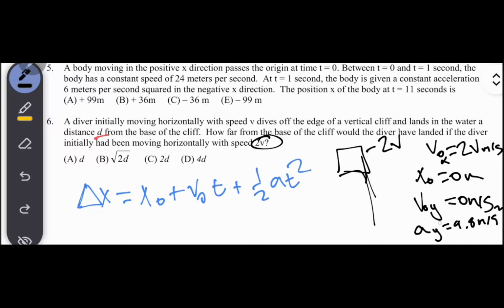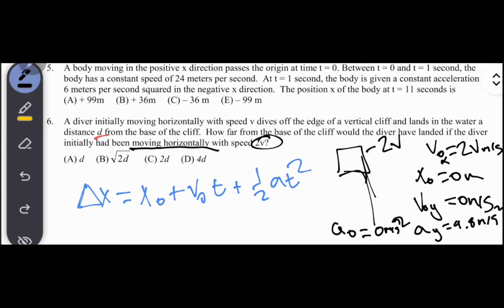And then now we have to figure out what the acceleration in the x would be. Since the acceleration in the y is only the gravity pushing it down, and the car isn't accelerating, it's going at a constant speed of 2v, the acceleration in the x would be 0 meters per second squared. And then the question is asking us to solve for the distance moving horizontally.